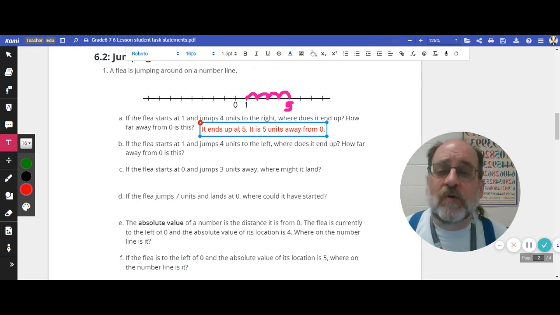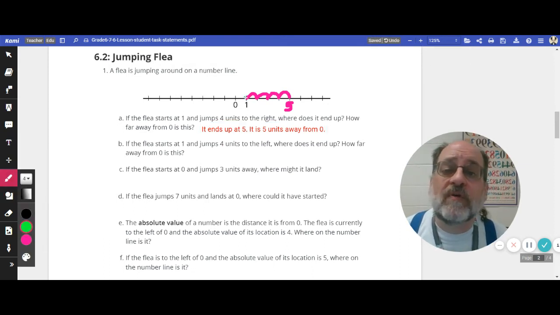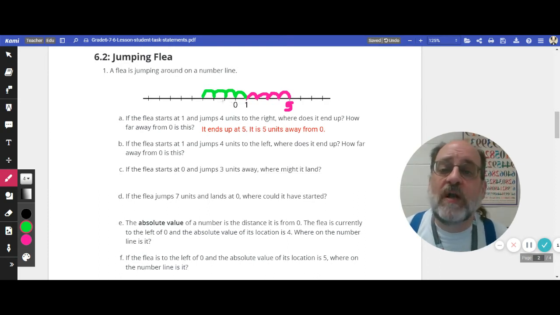All right, what if the flea starts at 1 and jumps 4 units to the left? Where does it end up? Okay, well, let's change this a little bit. I'm jumping 4 units to the left. 1, 2, 3, 4. Okay, so remember how we move on the number line. This is -1, -2, that's -3.